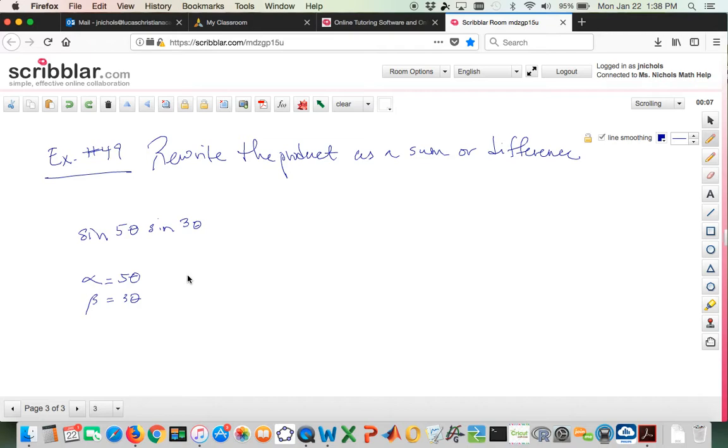From the equation, I have sine times sine, and that's going to be 1/2 bracket cosine of alpha minus beta, which is 5 theta minus 3 theta, minus cosine of alpha plus beta, which is 5 theta plus 3 theta.